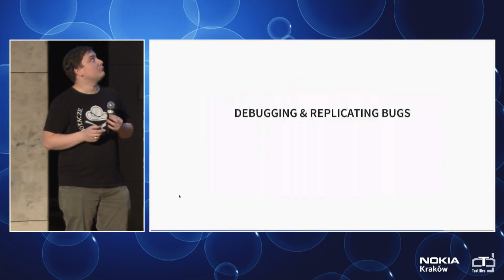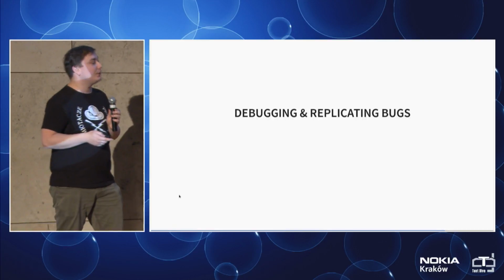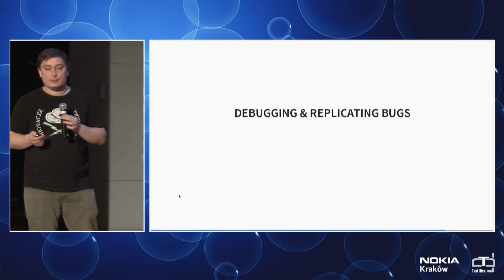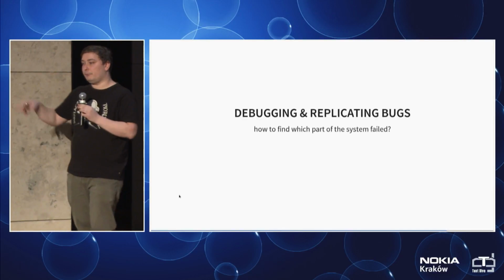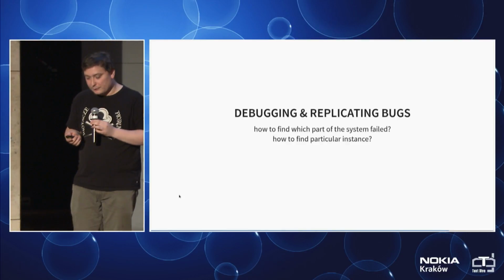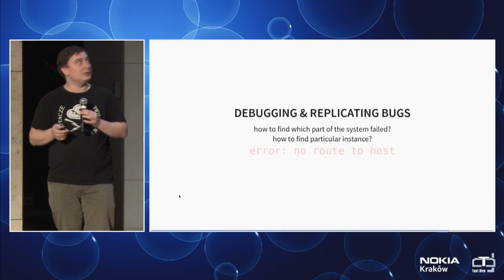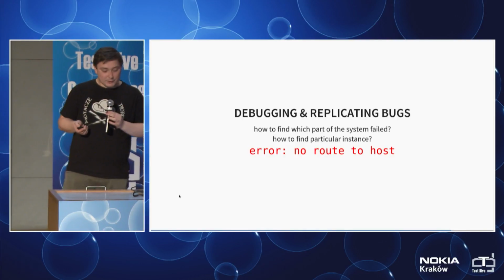So for instance, when we want to debug something or replicate some bug, then what we need to do in a distributed virtualized environment? We need to spot the place where we have a failure. Then we need to find an instance. And finally, when we want to SSH in, you can see a message like this. And I'm not joking.